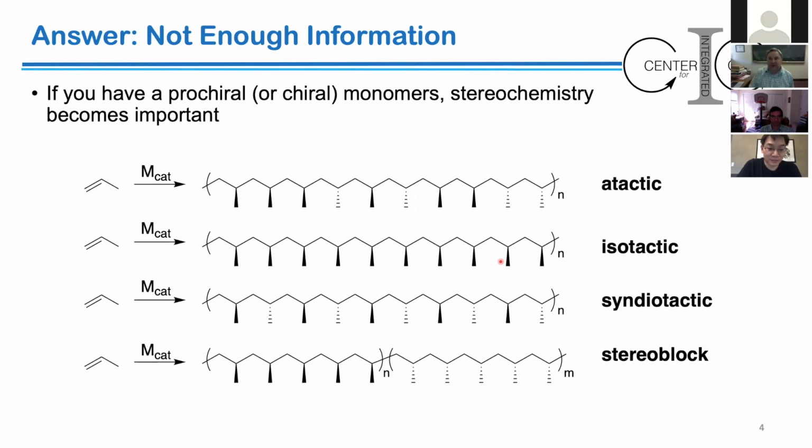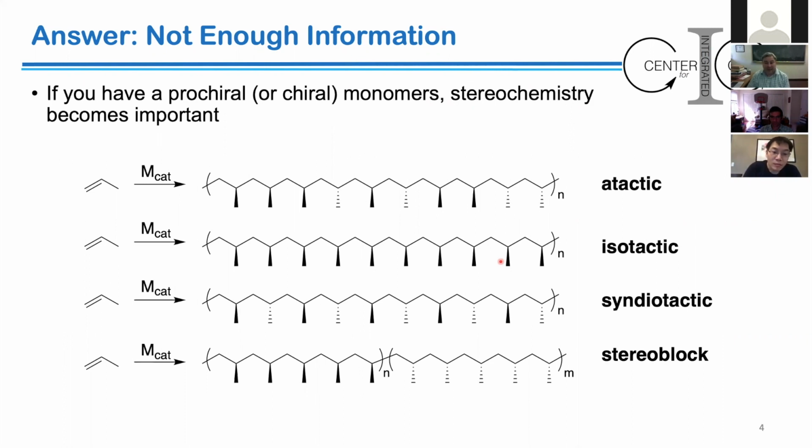So those of you who answered not enough information, you guys are correct. If you have an achiral monomer, then you can only make one sequence, right? If you have one monomer, that's all you can do. So those of you who answered one, you're assuming that the monomer is achiral.